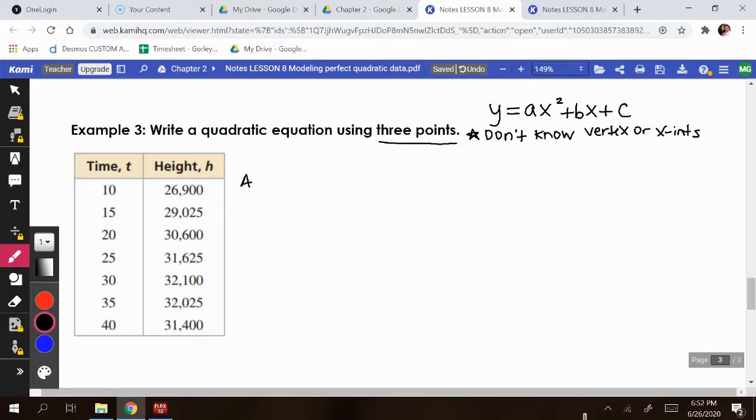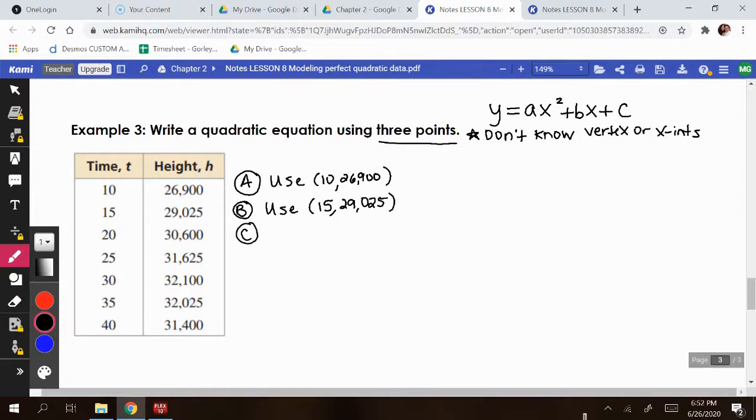For our first equation in this system, we're going to use the point 10, 26,900. For the second equation in the system, we're going to use the point 15, 29,025.